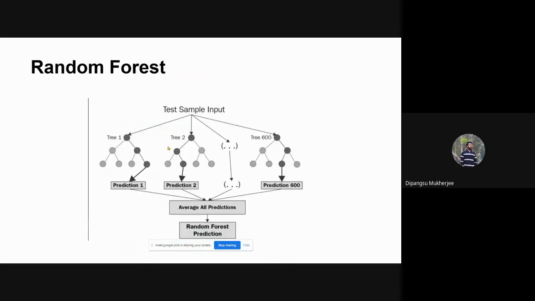And the next thing is the random forest. Random forest is quite similar to the decision tree. You can see here is tree 1, tree 2, and up to tree 600. There is a simple sample input. Tree 1 is a decision tree, and this is decision tree 2, and this is decision tree 600.